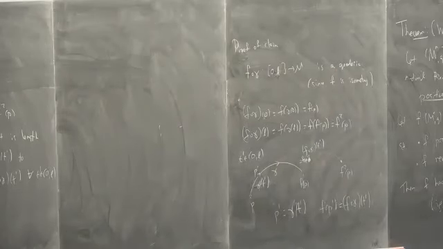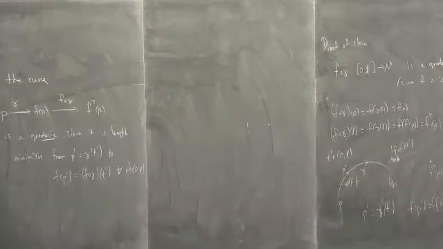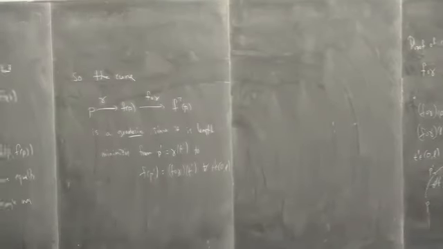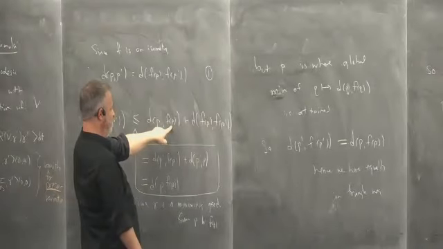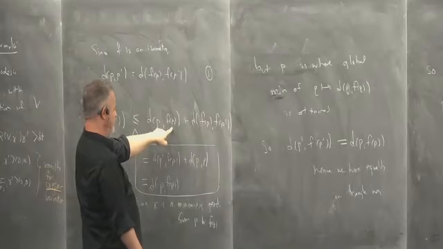That's what the equality in the triangle inequality says. We know what this distance is because gamma is a minimizing geodesic from P to P prime. So this is just the length of gamma from gamma of T prime to gamma of L.